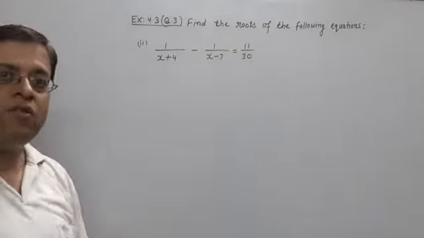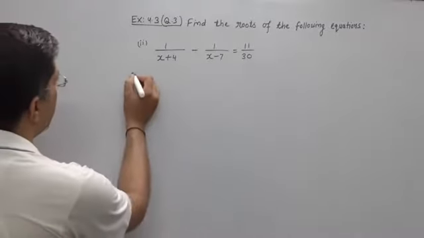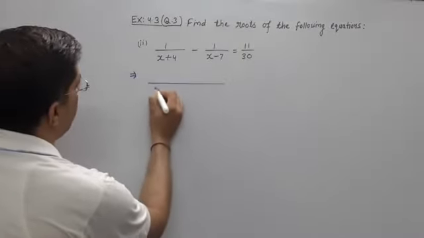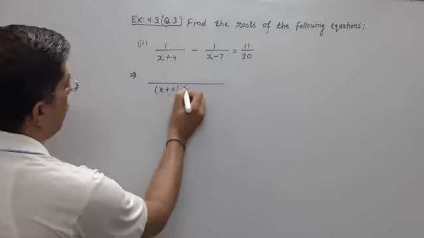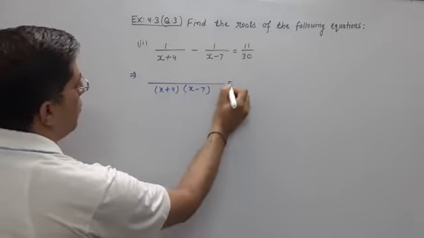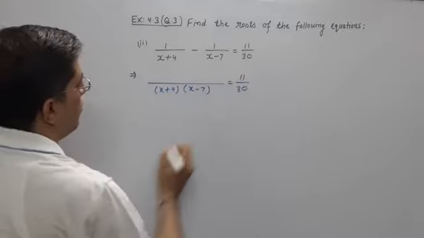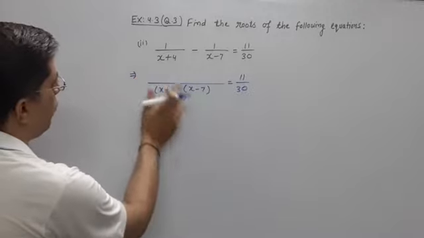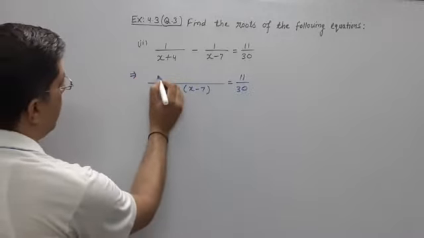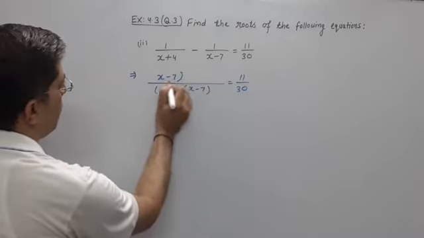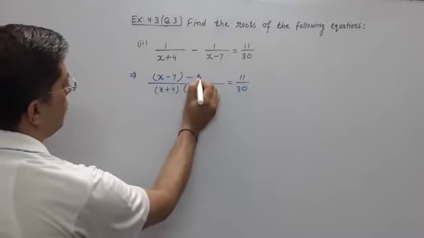I have to take the LCM of the LHS. Okay. What is the LCM? X plus 4 into x minus 7. 11 upon 30 is as it is. X plus 4, if you divide it, you will get x minus 7. Minus sign, this as it is.